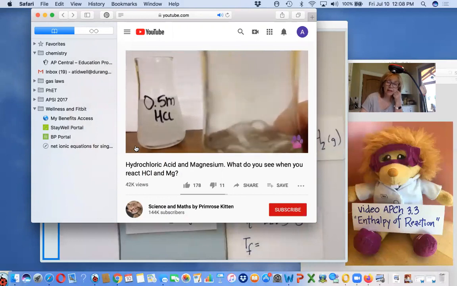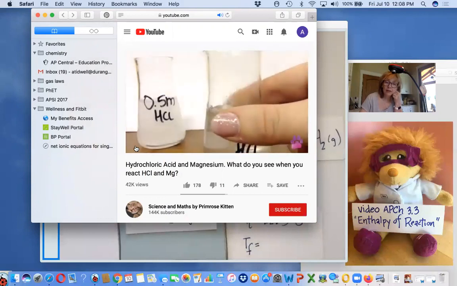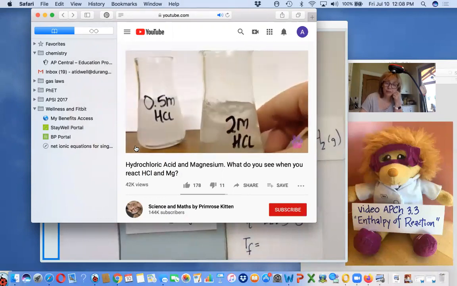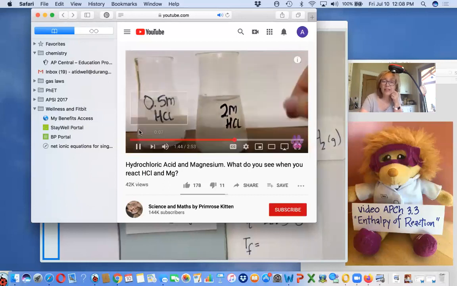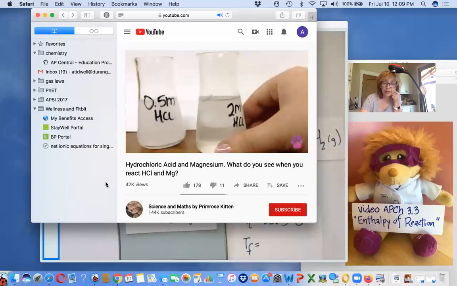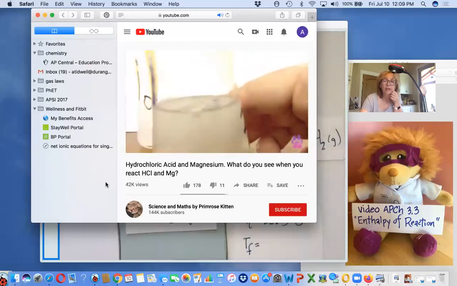I don't know how clearly you can see that, but there is actually steam coming off this, and if I feel it, it's really quite warm. It's bubbling very vigorously. You can hear it. Definitely an exothermic process.